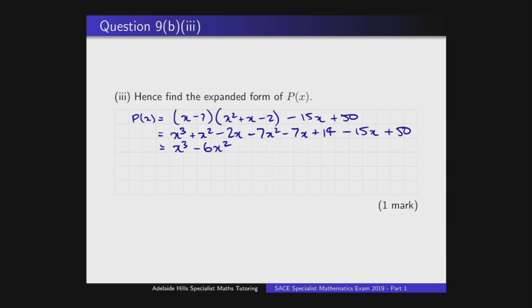Okay, so 9 and 15 gives us 24. And now it's just the constant term. And constants we have 14 and 50, so that's 64 altogether. So we get x cubed minus 6x squared minus 24x plus 64.